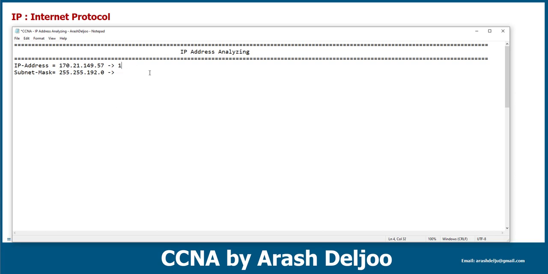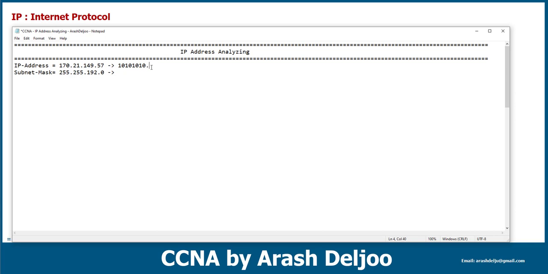We have 1, then 0, after that 128 plus 32 equals 160, after that again 1 0, then 1 1 0 1 0. Let me calculate the result: 128 plus 32 equals 160, plus 8 is 168, and plus 2 is 170.